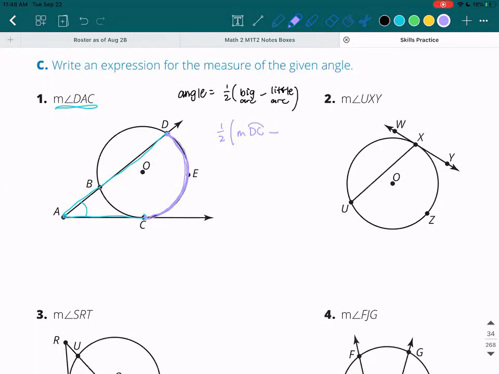The little arc is this one, EC. The little arc and the big arc both share the point C. Any questions on this one?